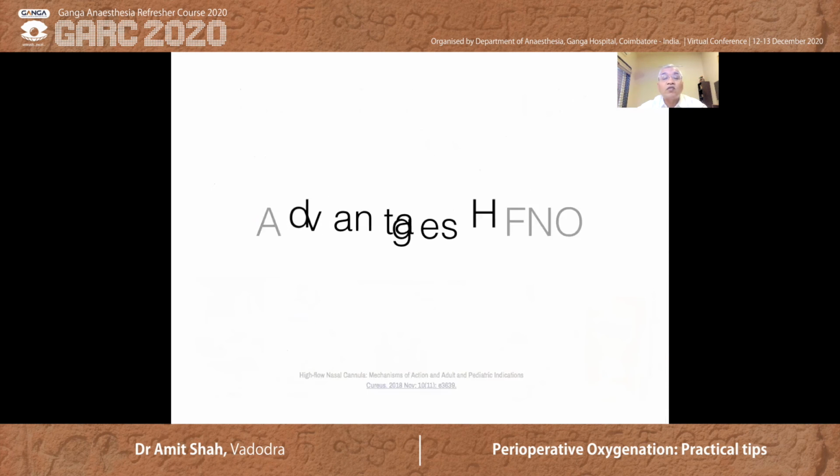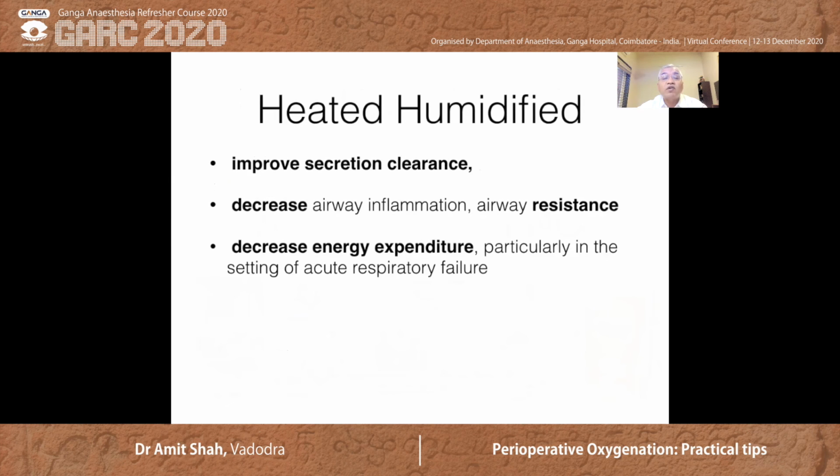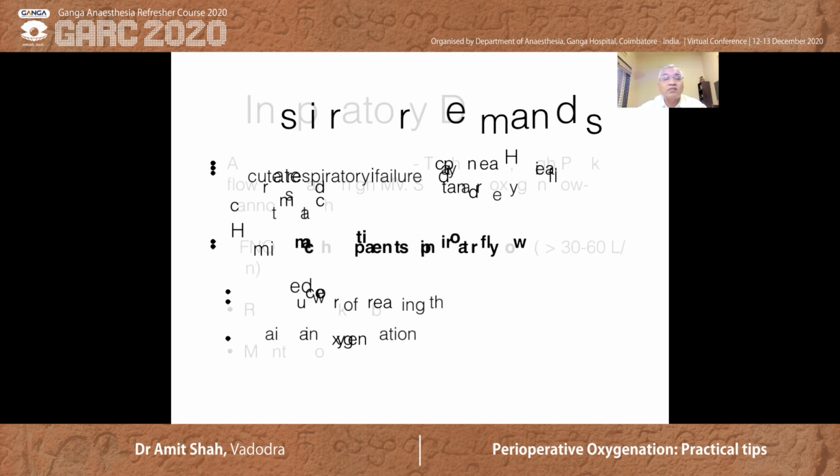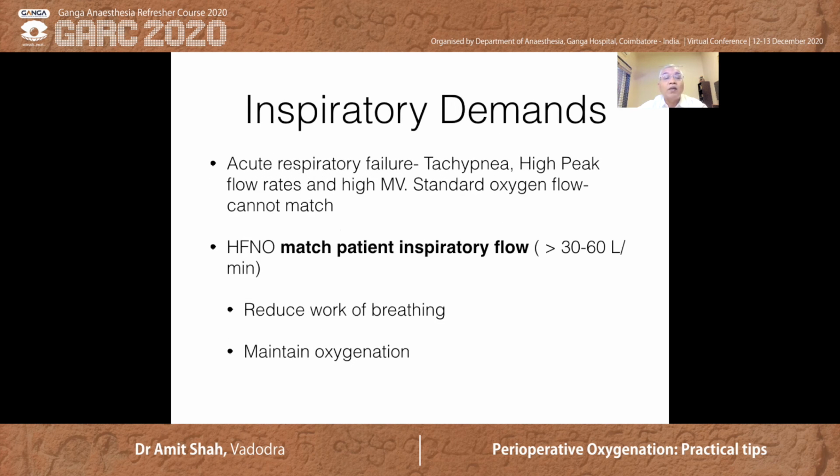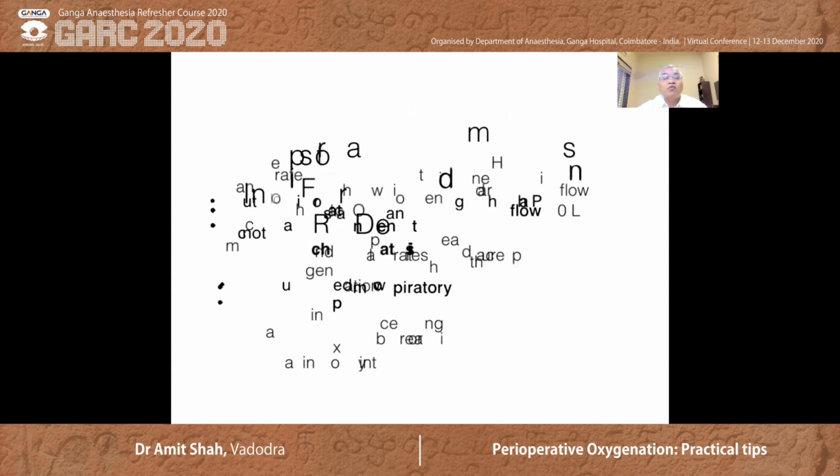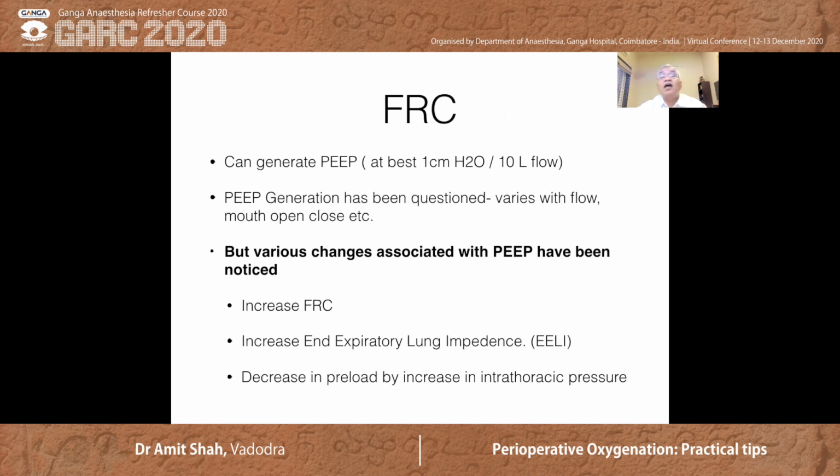What are the advantages of HFNO? HFNO has many advantages. Heated humidified gas improves secretion clearance, decreases airway inflammation and resistance, and decreases the energy expenditure, which is particularly helpful in respiratory failure patients. It matches the inspiratory demand, reduces work of breathing, maintains oxygen, and provides high FiO2.